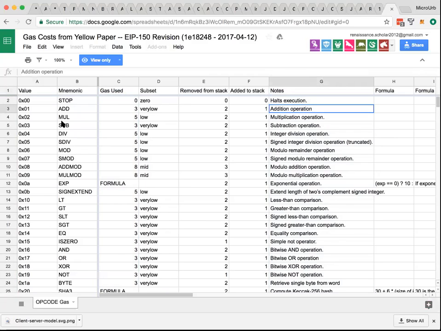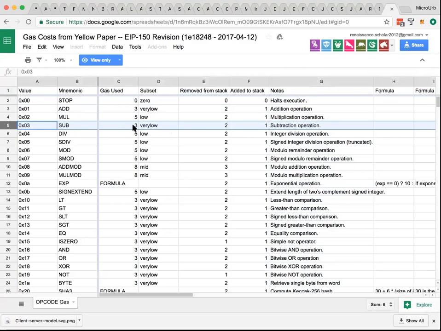So to add an addition operator would cost, I would have to pay 3 gas. To subtract, it would be 3 again. To multiply, it would be 5 gas.